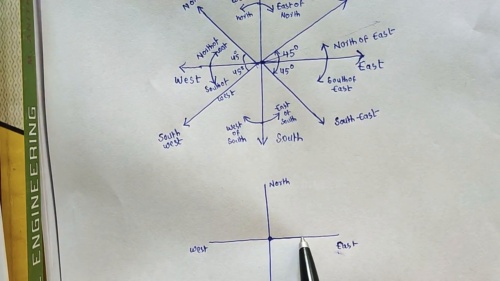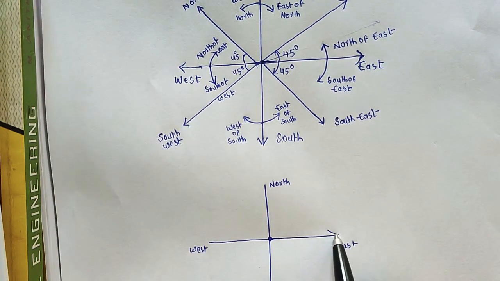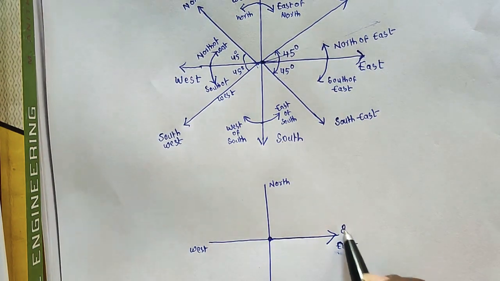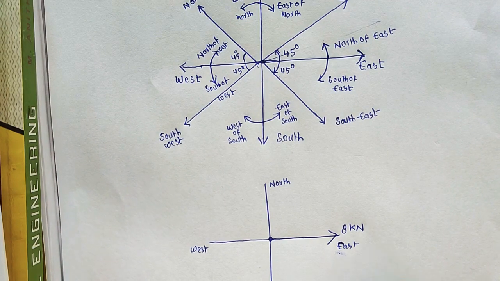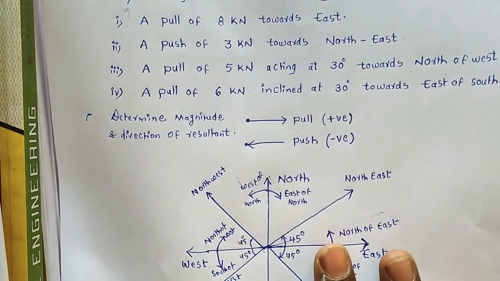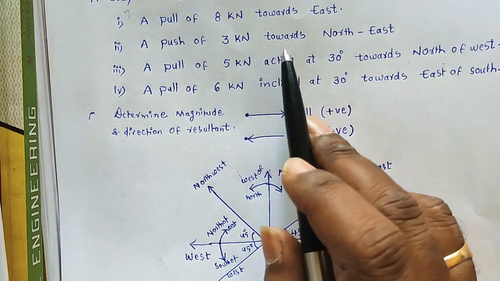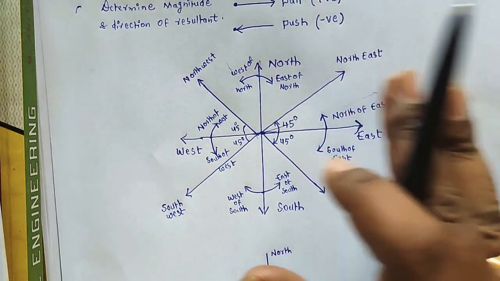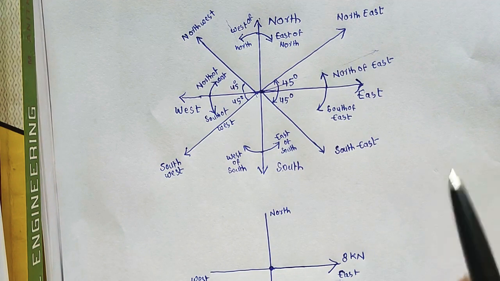So it has been given that towards east. So in east direction we are drawing. So this is 8 kilonewton. So this force is 8 kilonewton. Next, a push of 3 kilonewton towards northeast. A push of 3 kilonewton towards northeast.